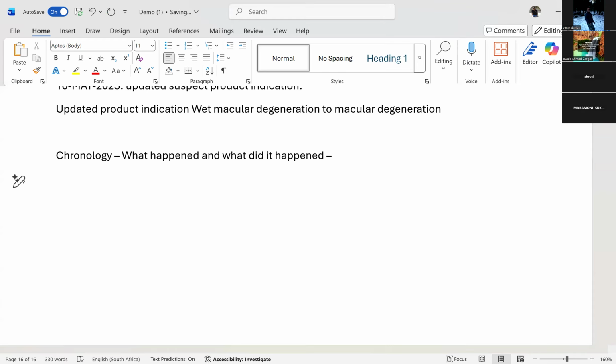And then we have to avoid duplicacy of information. We should not mention repeated information, and we should report medical terminology.